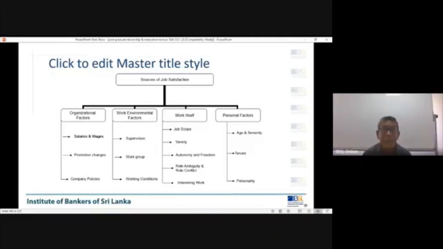All these factors may contribute to job satisfaction. So before we go to motivation, we need to look at some of the factors contributing to job satisfaction.